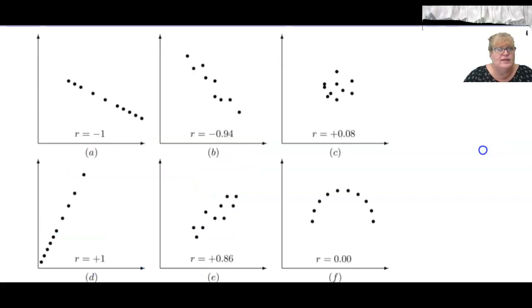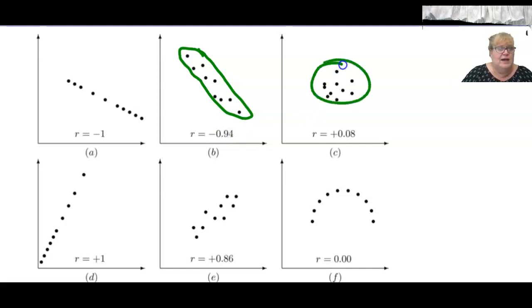Now, one more slide on this. This is perfectly linear, so it has a correlation of 1, but the line is going down, so it's negative. This is pretty tight, my little worm here, so it's negative, close to 1, but not quite 1. And this is a big blob, so it's almost 0.